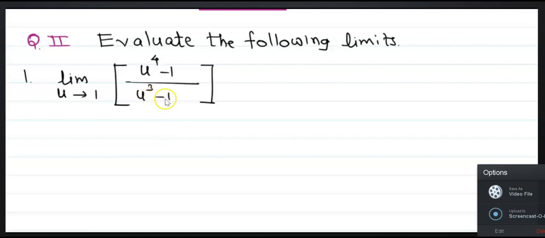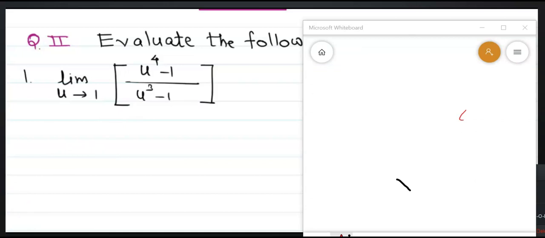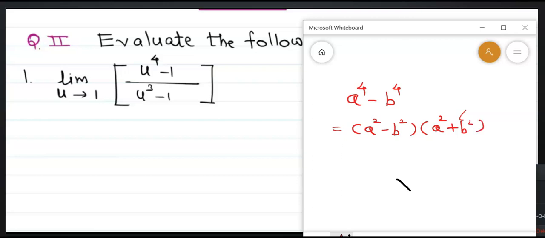And here is u cube minus 1. U cube minus 1 means what? 1 cube. First, what is the formula for this? a cube minus b cube. Now here we will apply the formula, that is a raised to 4 minus b raised to 4, and its answer is (a square minus b square) into (a square plus b square).